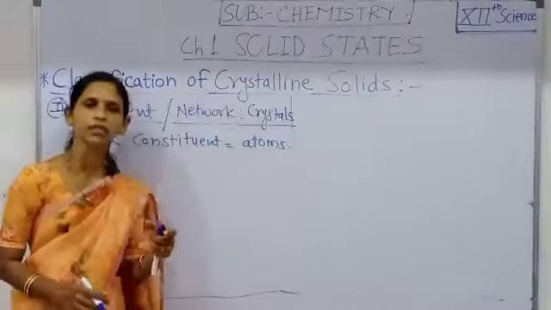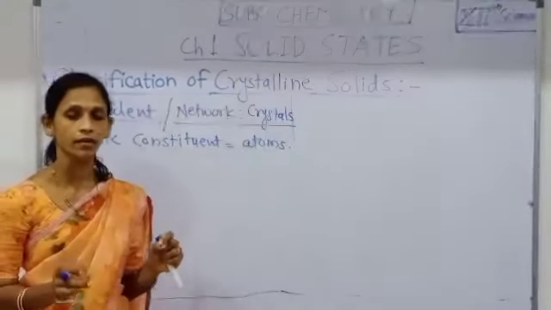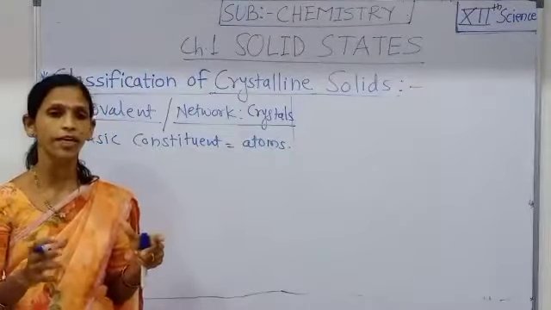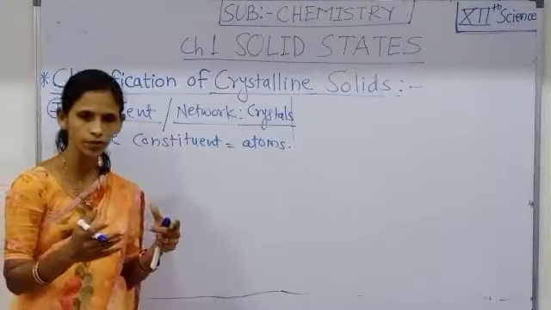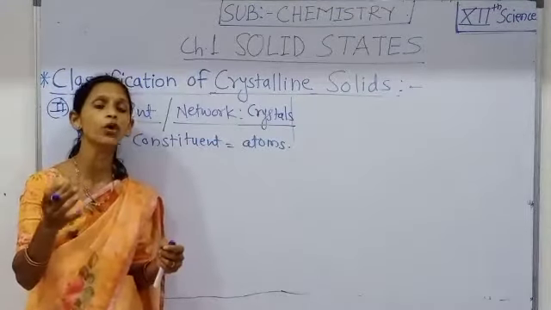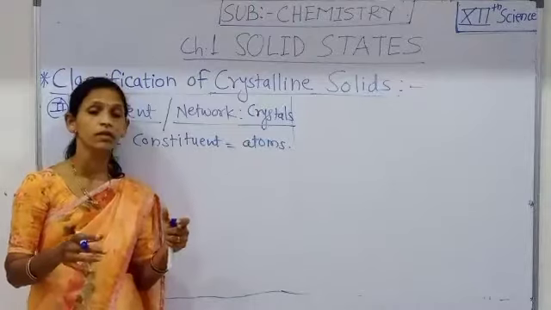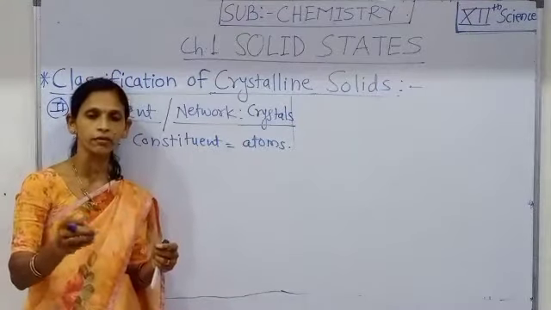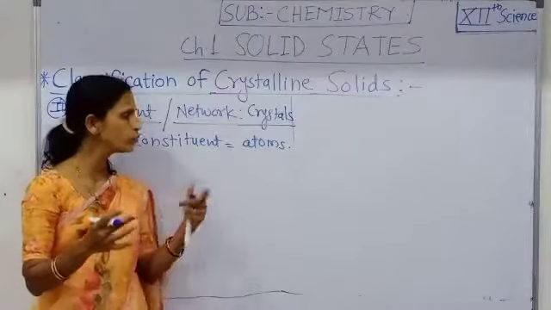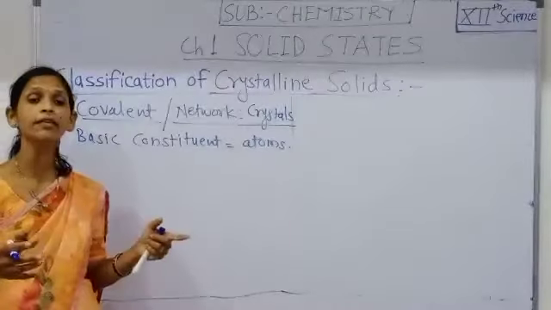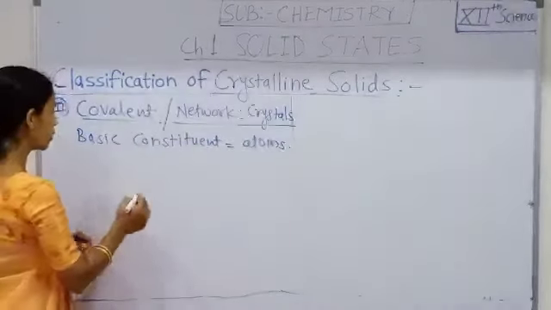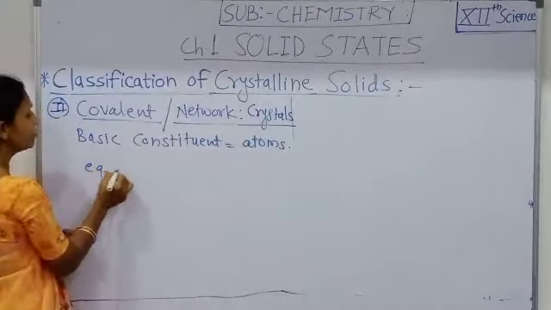There is a three-dimensional network formed by covalent bonding between atoms of that substance, which forms a giant network. For example, diamond.